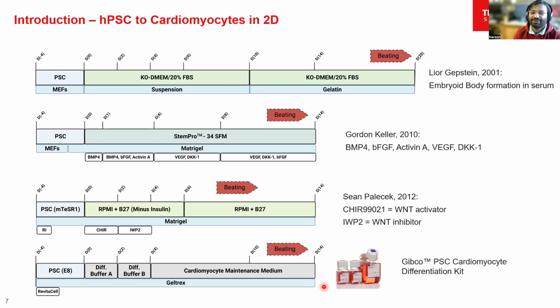If you have something that you could share about the basis of this differentiation, that would be good information. And my second question is, you have shown different methods for differentiation of the cardiomyocyte. After using this protocol, what could be the yield of cardiomyocytes, the purity and contraction? Good questions, thanks.